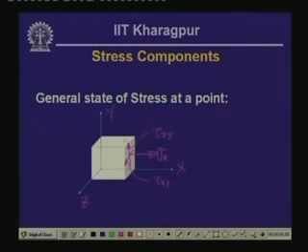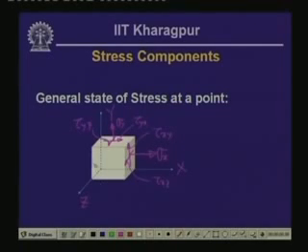Likewise, on this plane we will have the stress acting in the y direction, the normal stress, which is sigma y. In the positive direction of x on the y plane, we have the shearing stress designated as tau y x, and on the y plane in the z direction we have the stress designated as tau y z.